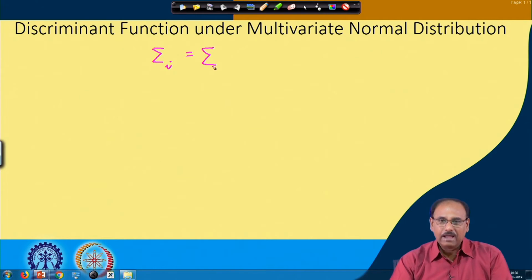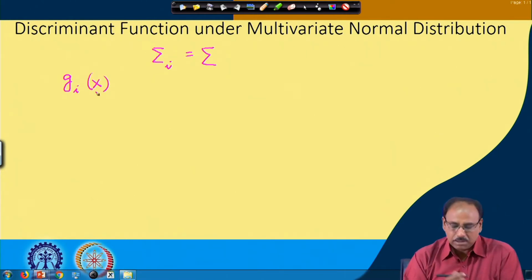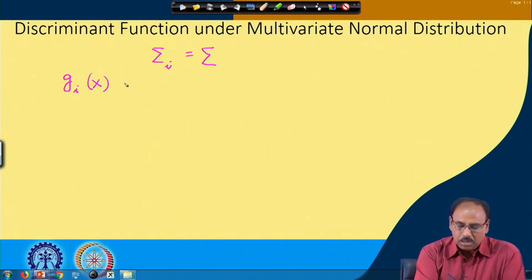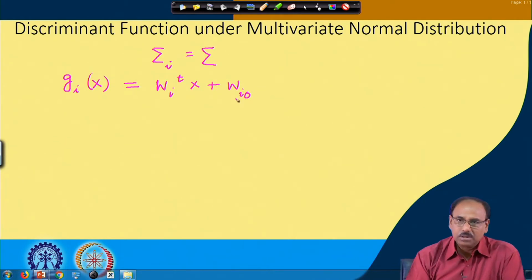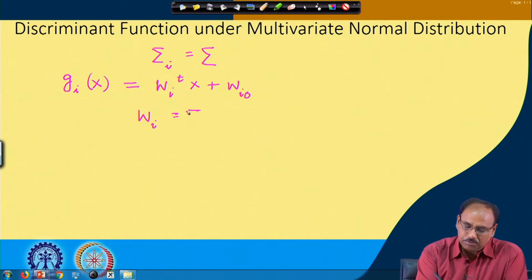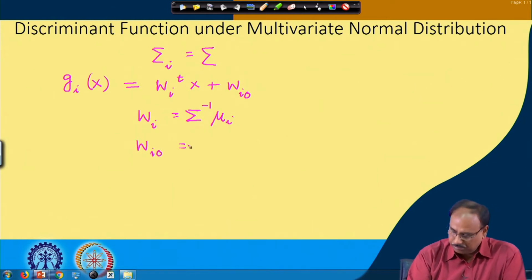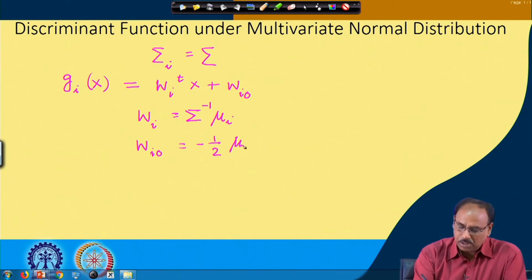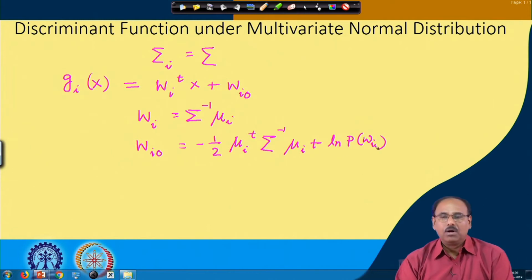Given this case, we computed in the previous class that g I x, the discriminant function of the ith class, is given by w I transpose x plus w I naught, where w I is of the form sigma inverse mu I, and w I naught was simply given by minus half mu I transpose sigma inverse mu I plus log of p of omega I, where p of omega I is the a priori probability of class omega I.